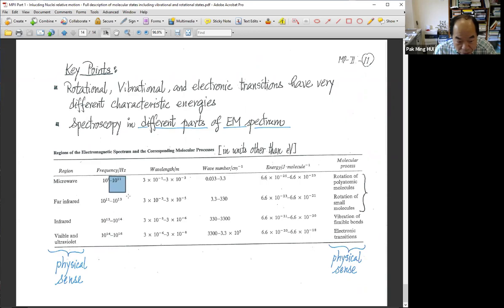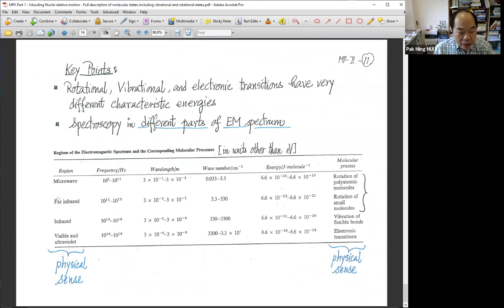Okay, so this is up to 10 to the 11, and then this terahertz here is far infrared. Okay, and then somebody will talk about wavelength. Somebody will talk about wave number. Okay, and then some will talk about joule. And I told you what are the numbers in eV.